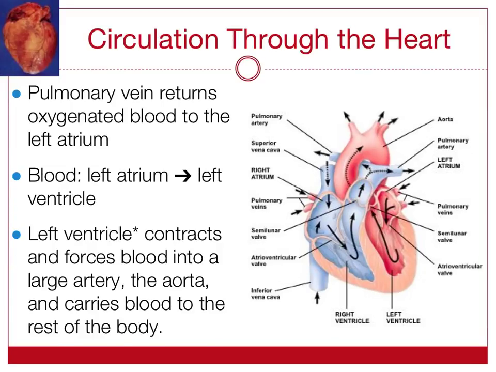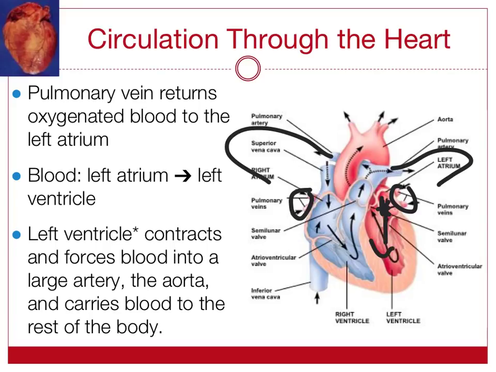So from there, the blood is going to return from the lungs on both sides of the heart, because remember, you have 2 lungs. It's going to return via this structure called the pulmonary veins, which are right here and right here. And these structures are going to dump blood into the left atrium right here. From there, the blood will go into the left ventricle.